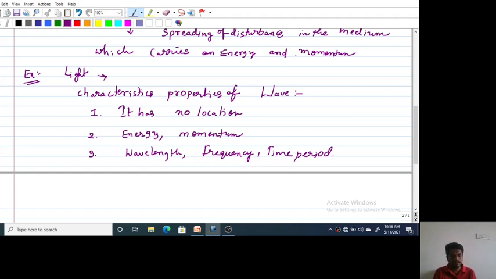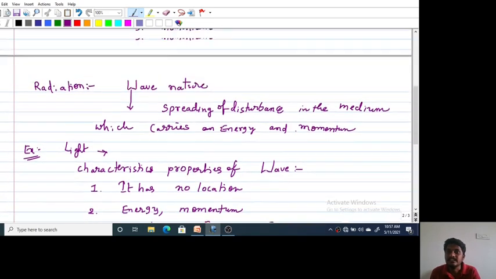It has wavelength, frequency, energy, momentum, but it has no location. This is about radiation.